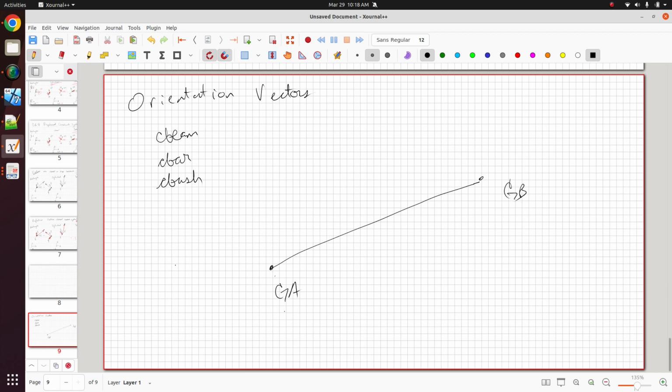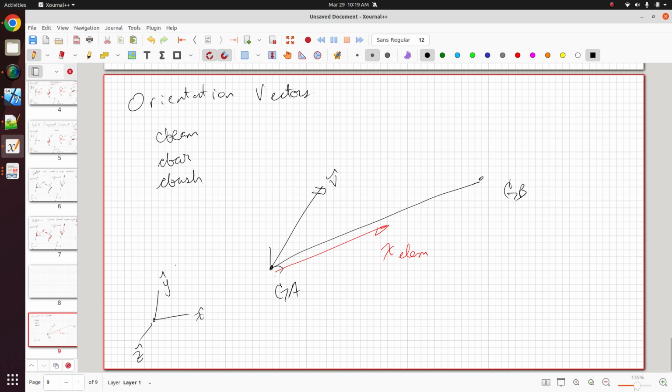After you have GA and GB, by default, it's assumed that this axis is the x element axis. And then you have this orientation vector that's defined in GA's displacement coordinate system. Remember that.